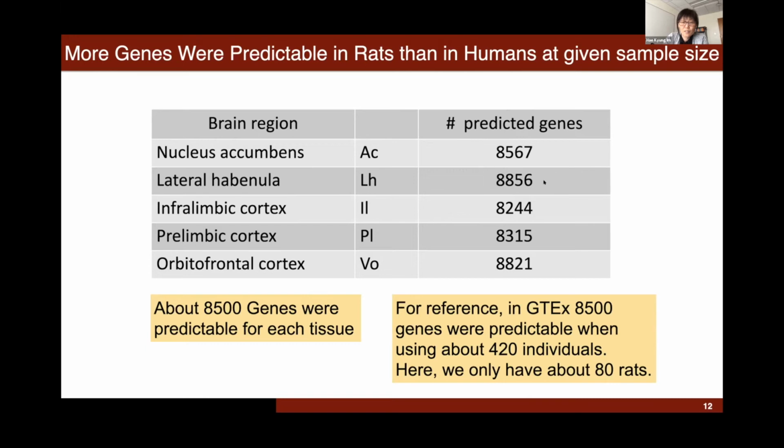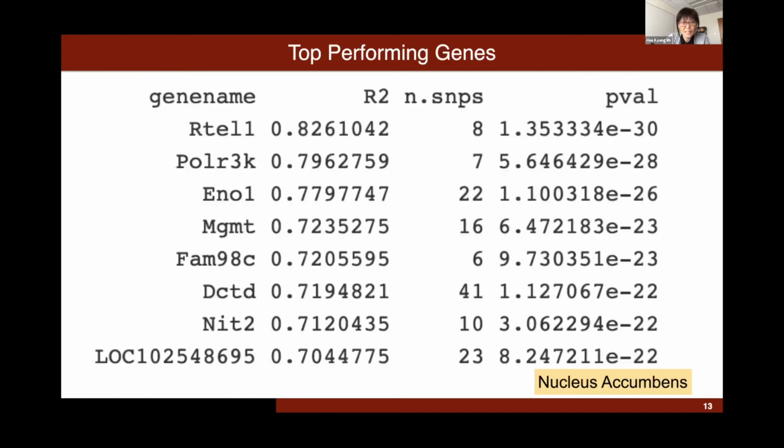In that case, we had convergence for 8,500 genes when we had a sample size of about 420 individuals. In this data set, we only have 80 rats, which indicates that the environmental component is smaller, or that the genetic component is larger in these heterogeneous stock rats. So that's a good thing for us.